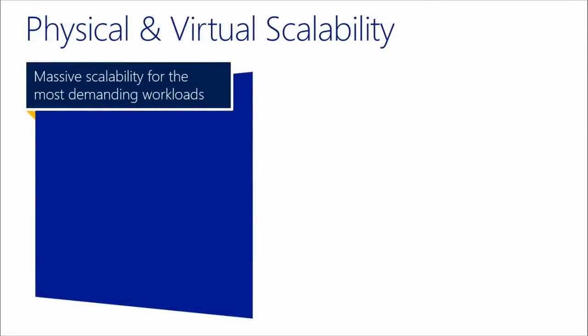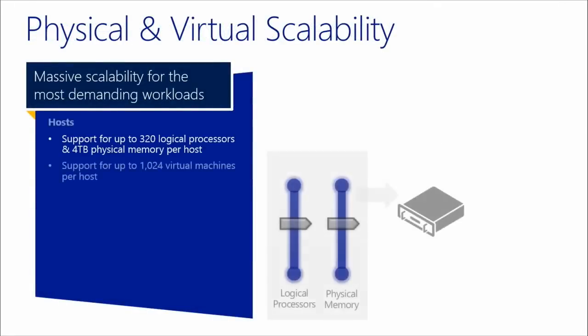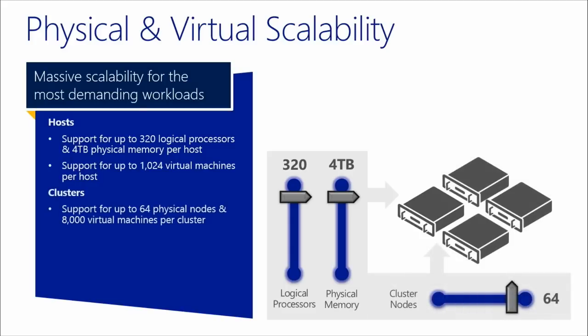So after the quick history tour, we're just going to spend a few minutes talking about some of the key scalability considerations. What we're pretty proud of with Hyper-V is it supports the highest scale numbers in the industry. We support 320 logical processors per host, up to 4 terabytes of physical memory per host, 1,000 virtual machines a host.